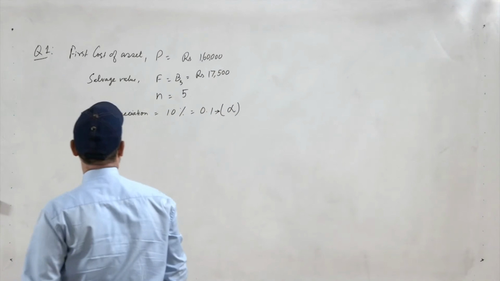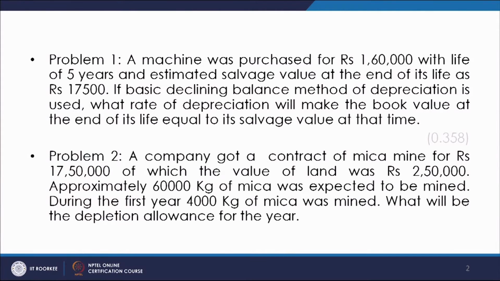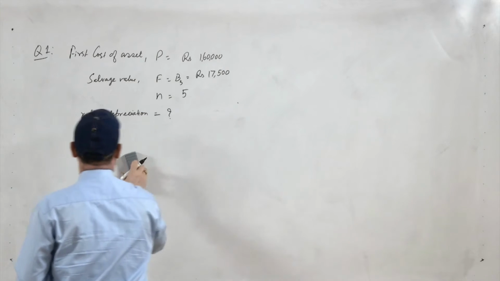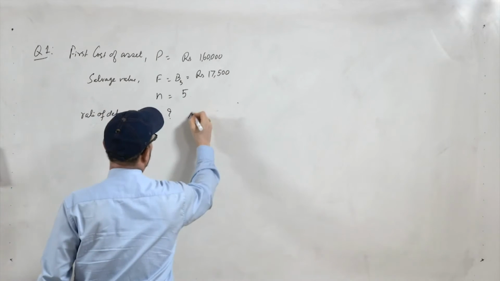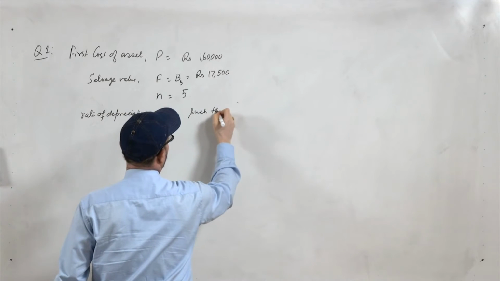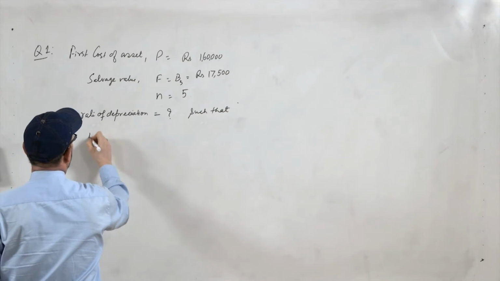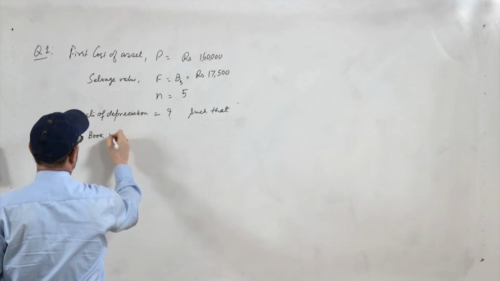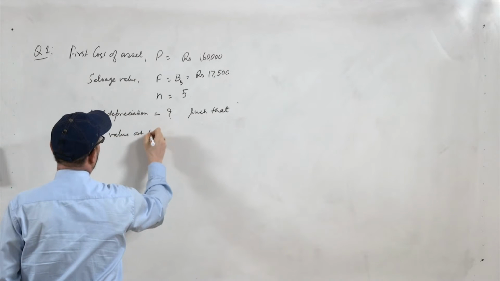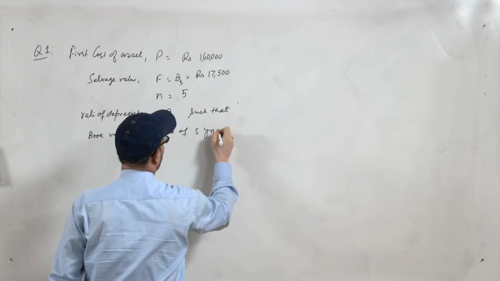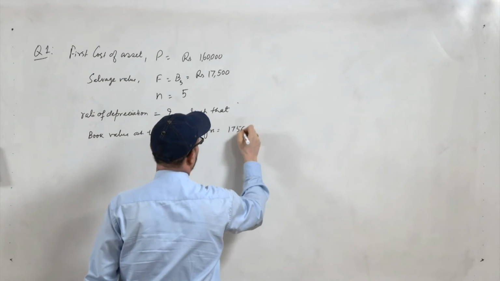Now, we have to find this rate of depreciation. I am sorry, this rate is not given. We have to basically find this rate such that you get the book value at the end of 5 years as 17,500.